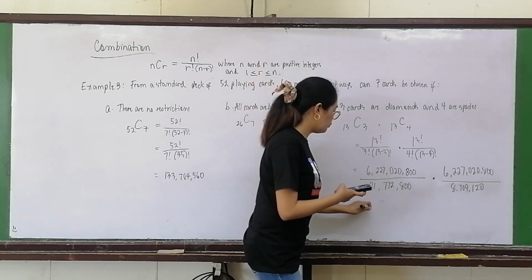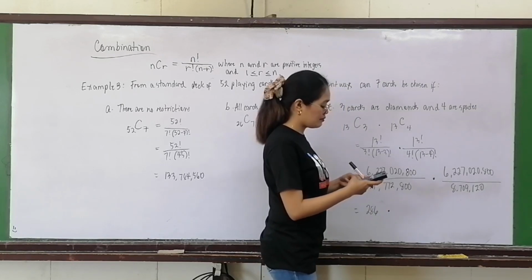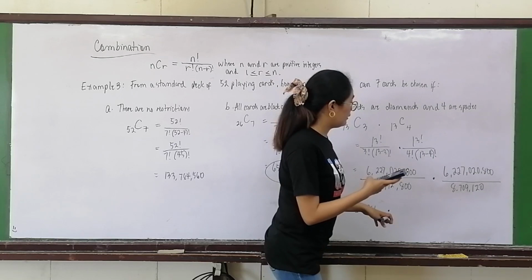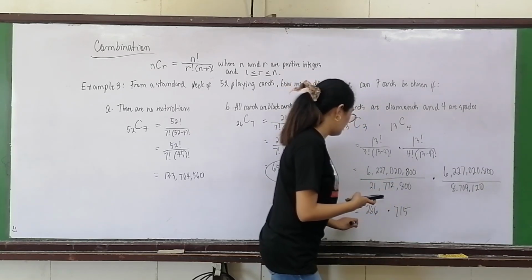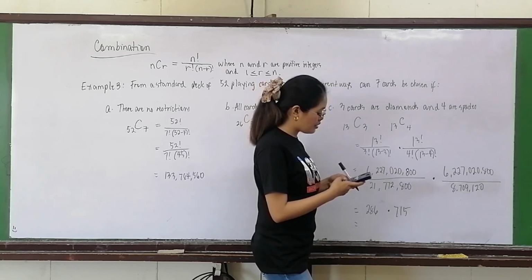we have 286 times 715, leaving us with 286 times 715.